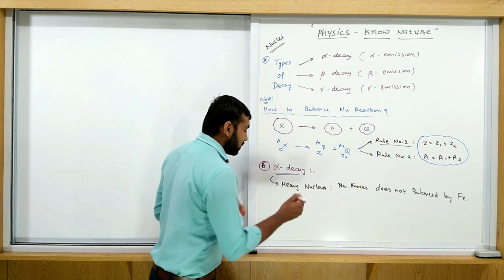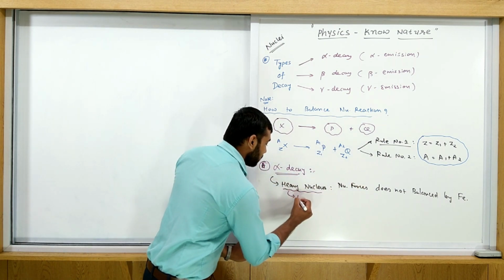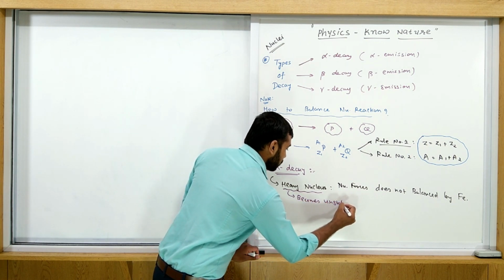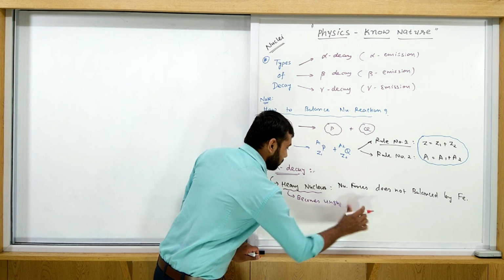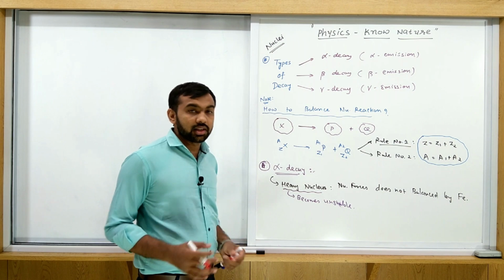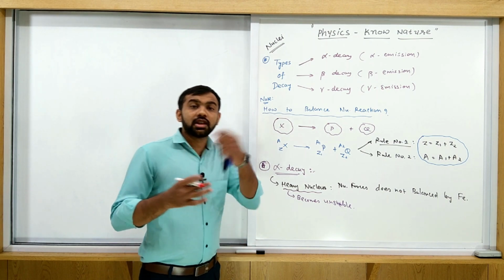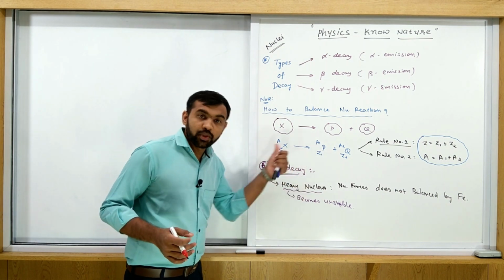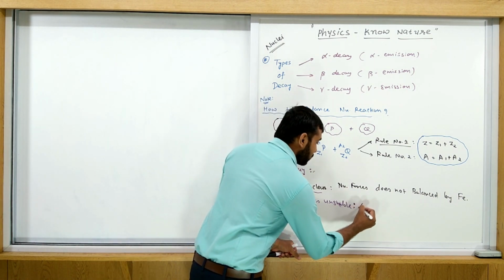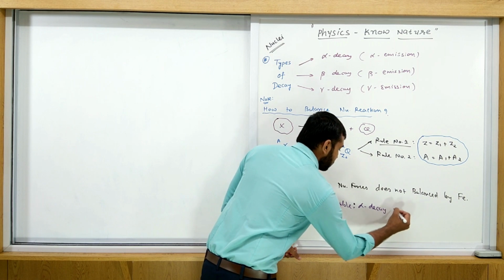Due to this reason, this heavy nucleus becomes unstable. When it becomes unstable, some energy is released in the form of an alpha particle, and due to this alpha decay occurs.